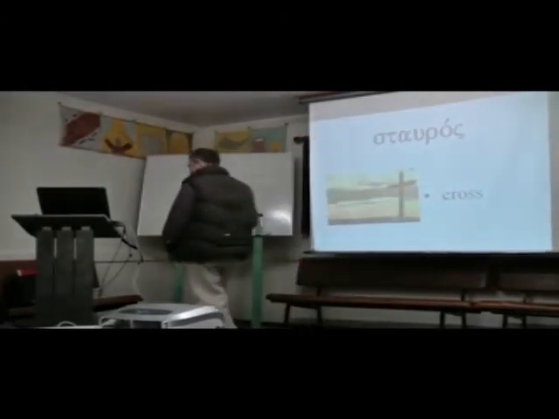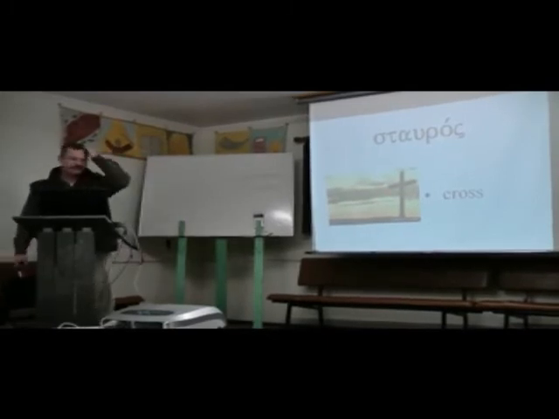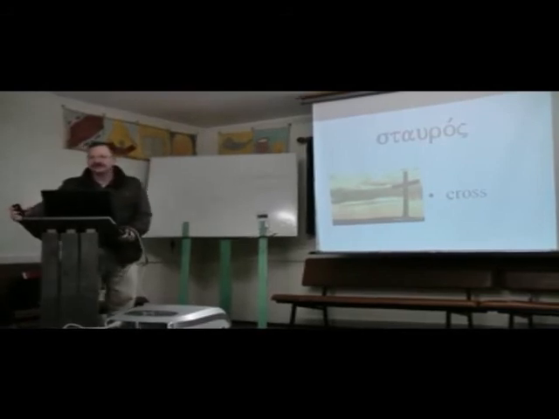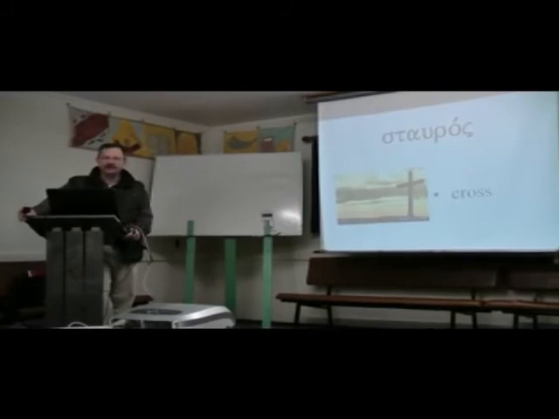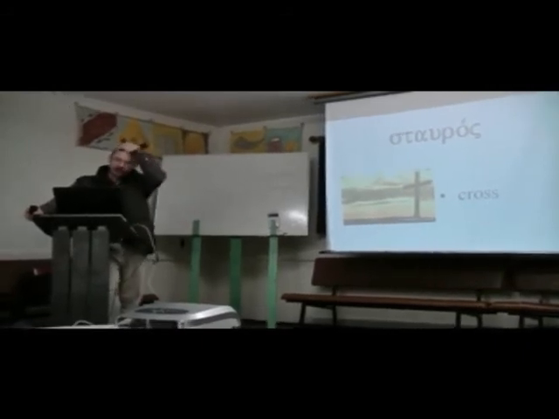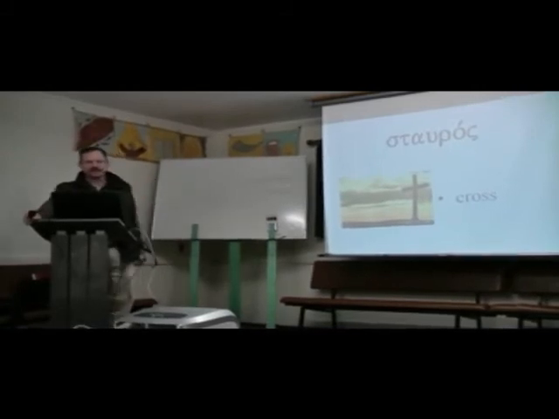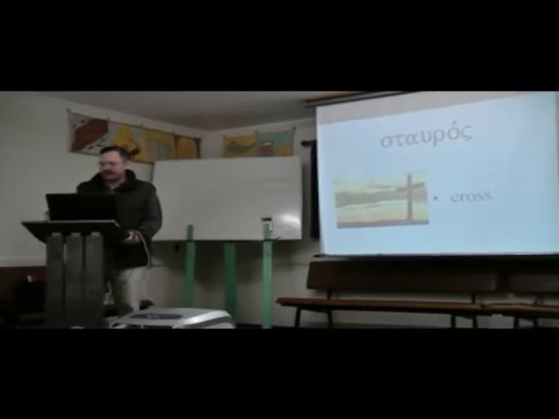The word stauros means cross. Originally the word meant stake, and because they used it to crucify people on long stakes with a crossbar, it became the word that they used for a cross. Draw a line from stauros to the word cross in your exercise.